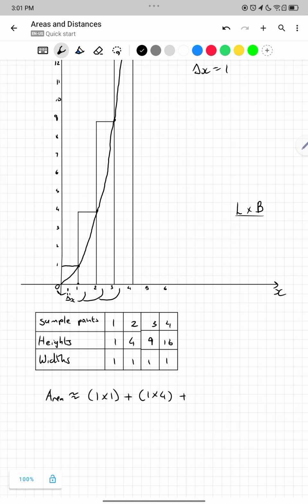Remember, the 1 is the width. And my third one will be 1 times 9. Fourth one will be 1 times 16. So my area will be 1 plus 4 plus 9 plus 16. My estimated area should thus equal, this is 10, this is 20, 30 units squared.